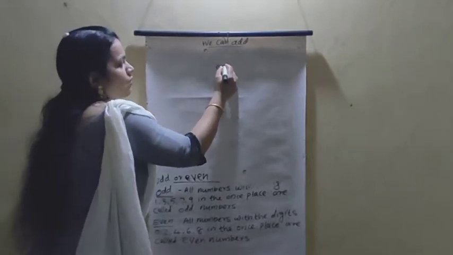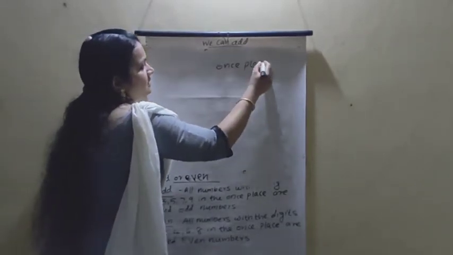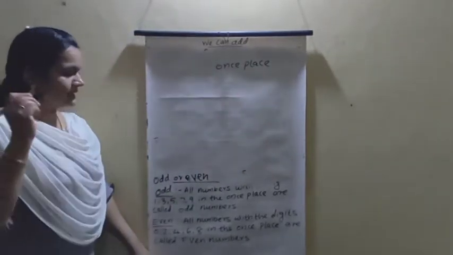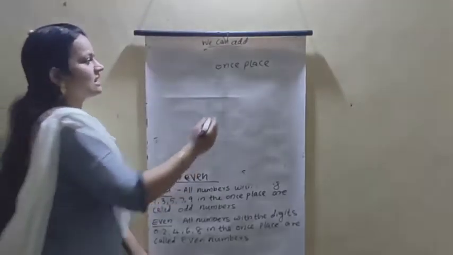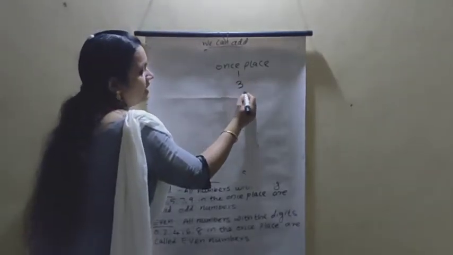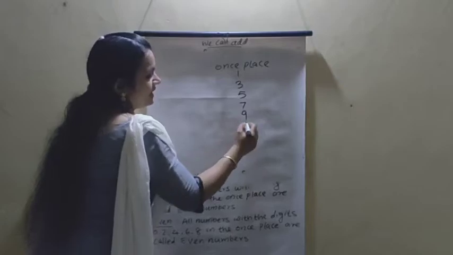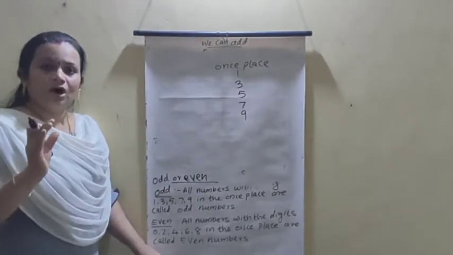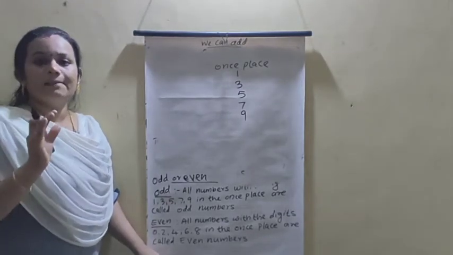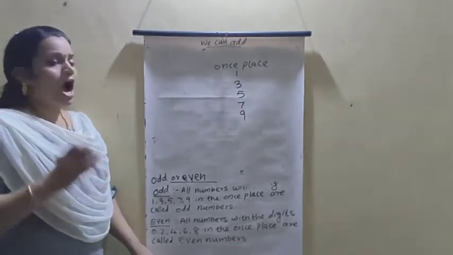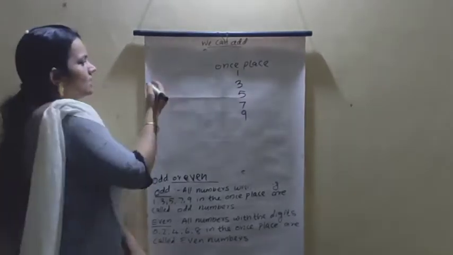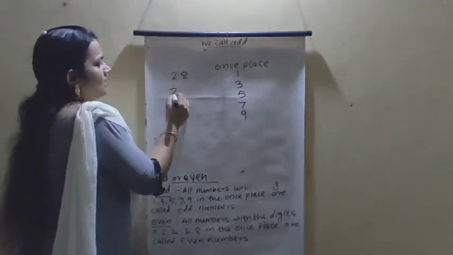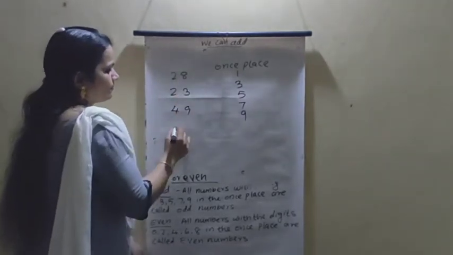All numbers with the digits 1, 3, 5, 7, 9 in the ones place are called odd numbers. Understood? Some examples are given here.